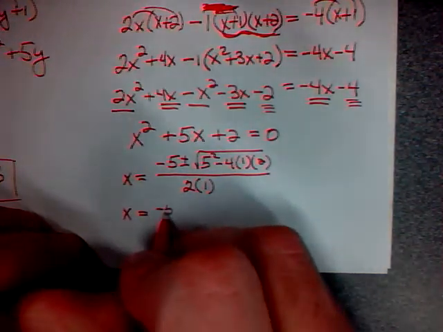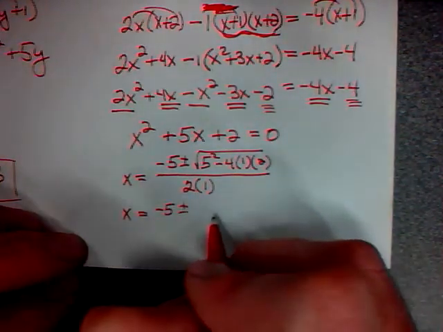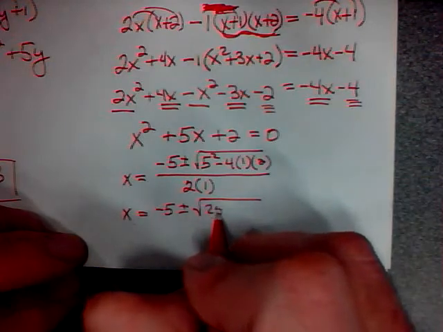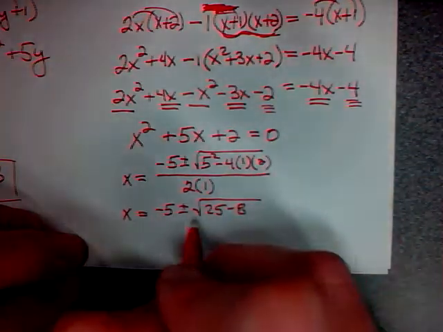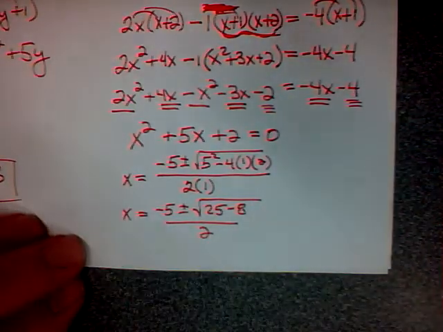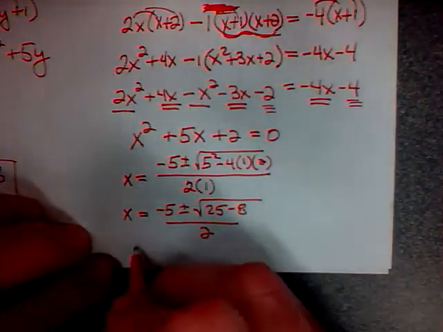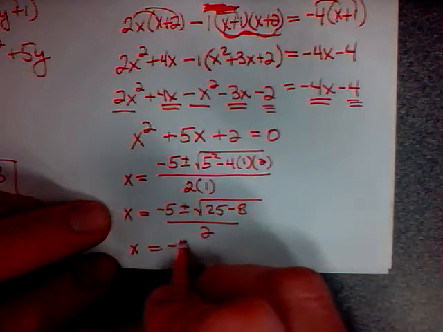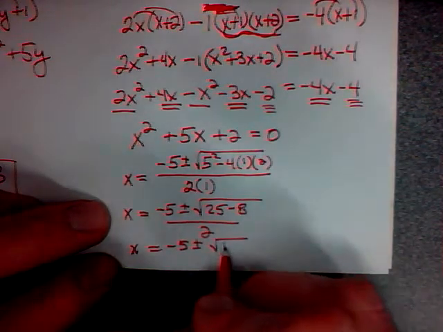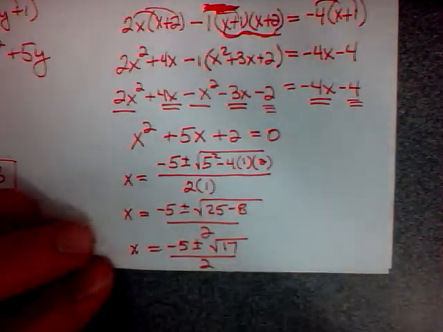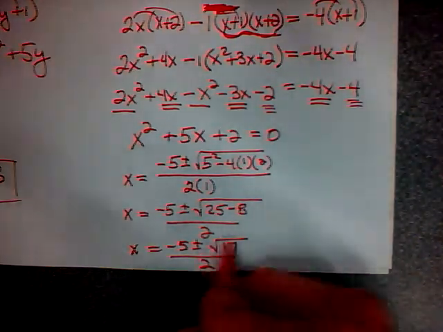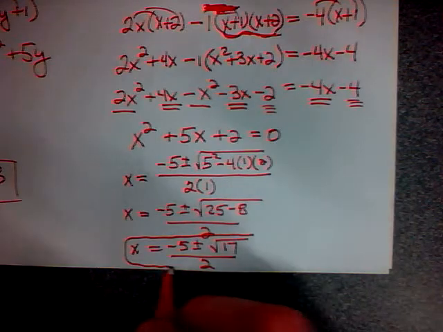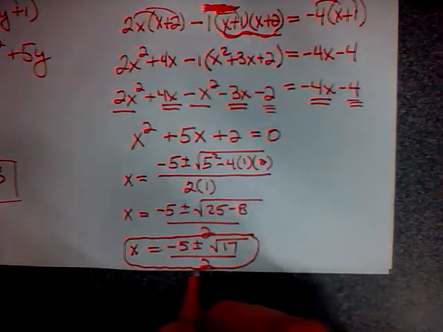So x equals opposite of b plus or minus square root of 25 minus 4 times 1 times 2 is 8 over 2, which then reduces down to x equals negative 4 plus or minus square root of 17 over 2. And I do not believe you can do anything else with that. So there is your final answer of x.